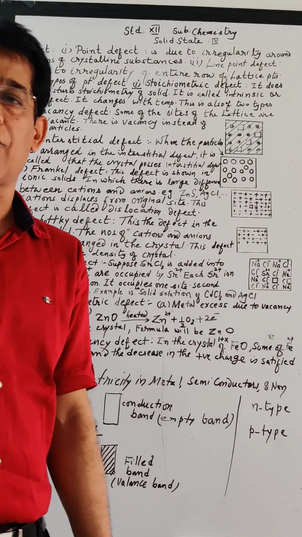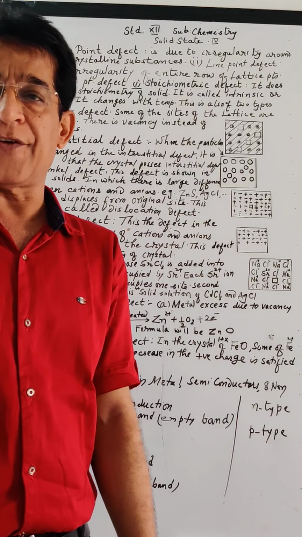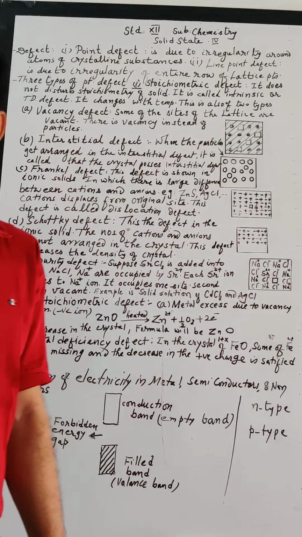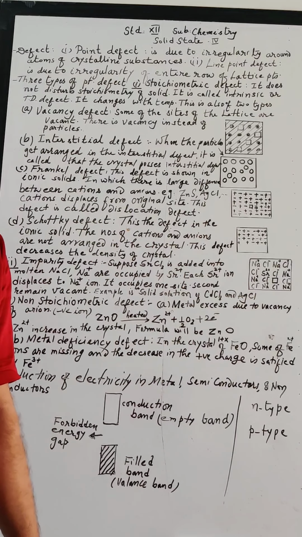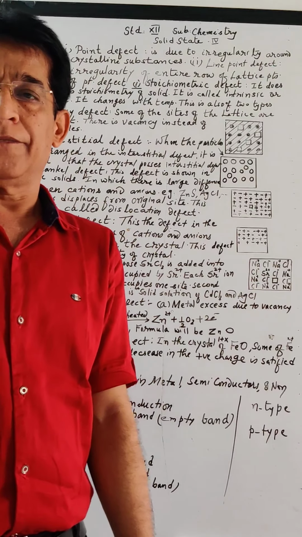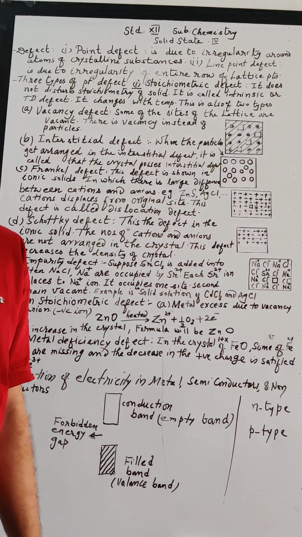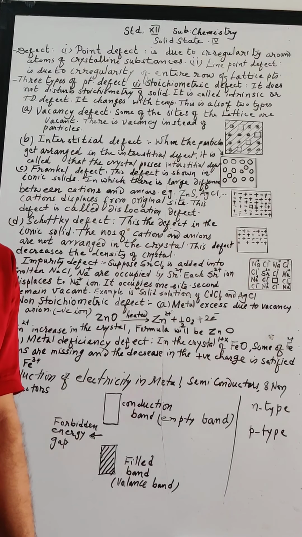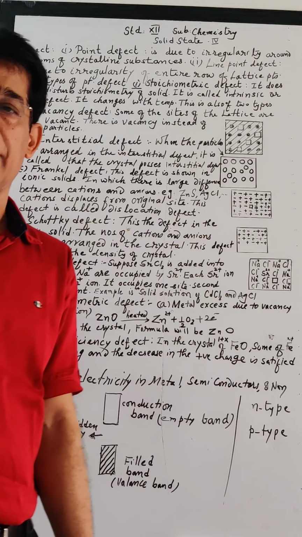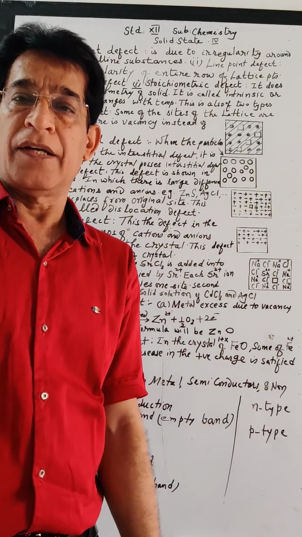There are two types of lattice defect. One, point defect. Second, line defect. First, point defect is due to irregularity around the atoms of crystalline substances.